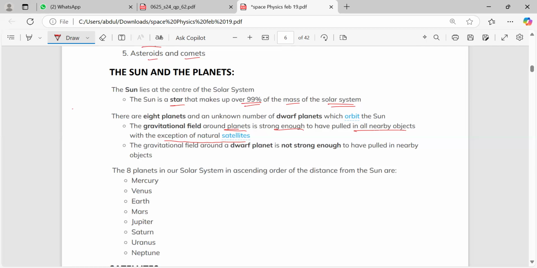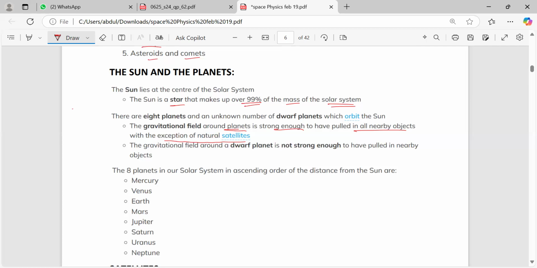This is for all nearby masses except the natural satellites, and one example of a natural satellite is the moon. The Earth provides the gravitational pull which becomes the centripetal force for the moon to orbit around the Earth, but it cannot attract the moon towards itself in general.